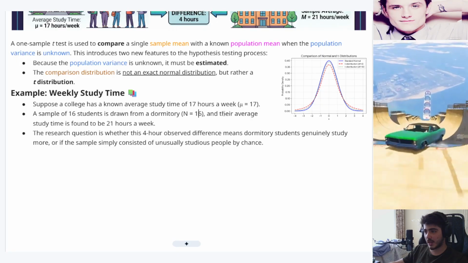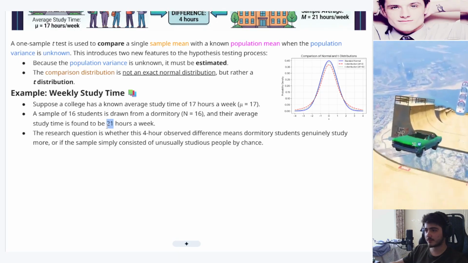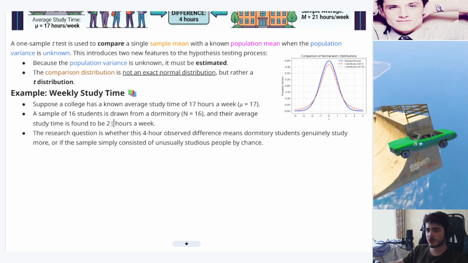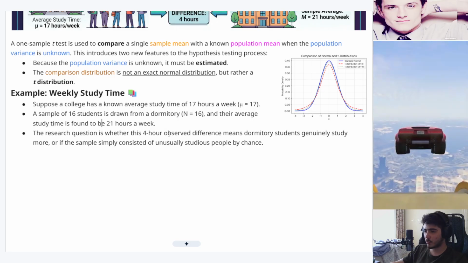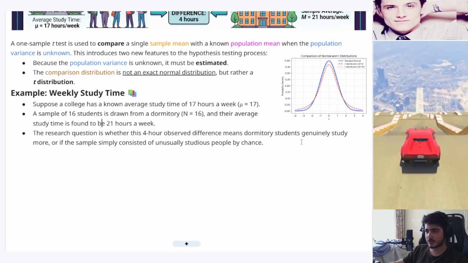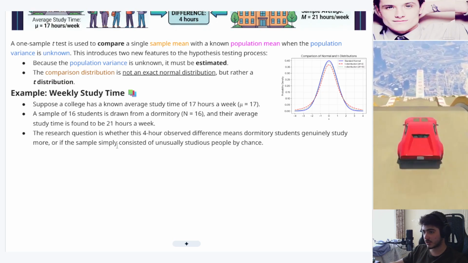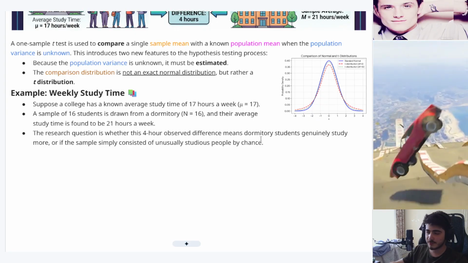And the average study time is found to be 21 hours a week. So the mean of this sample is 21. The research question is whether this 4-hour observed difference means dormitory students genuinely study more, or if the sample consisted of unusually studious people just by chance.